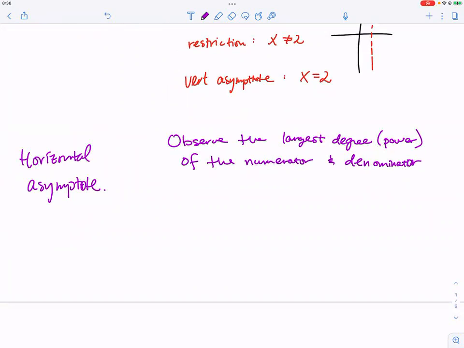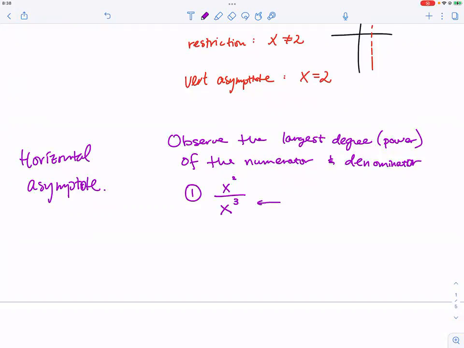So you have 3 possible situations. Situation number 1 is this: you have x squared on top, and x cubed in the bottom.